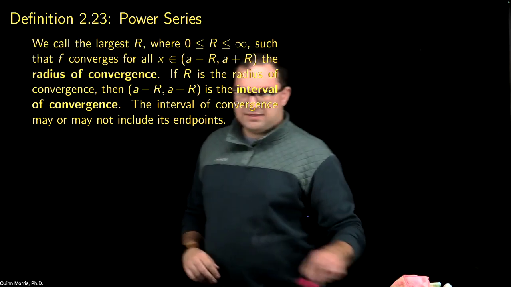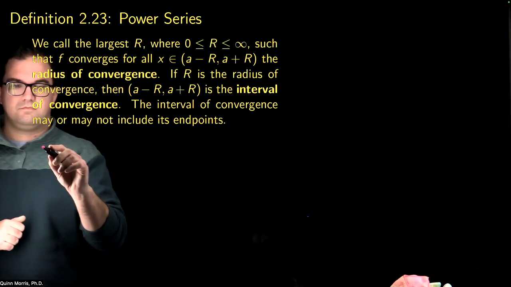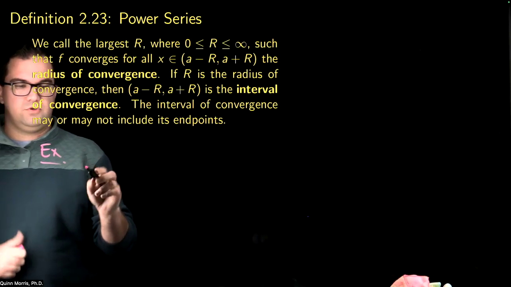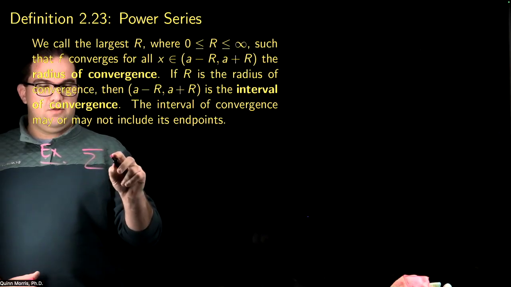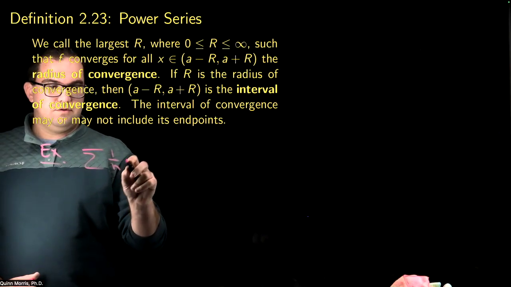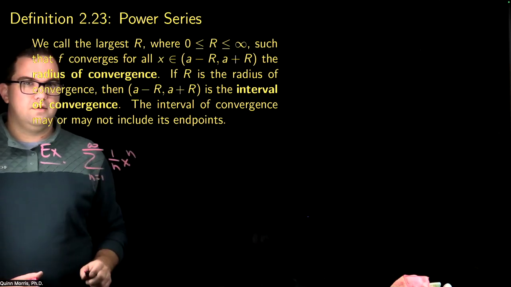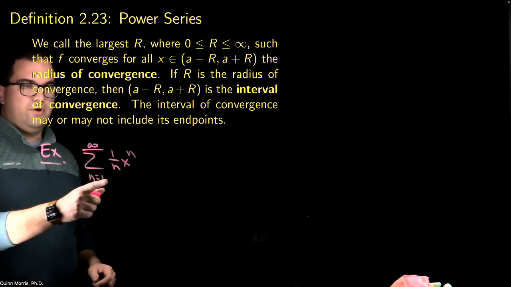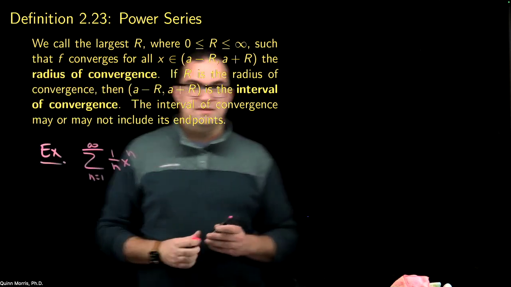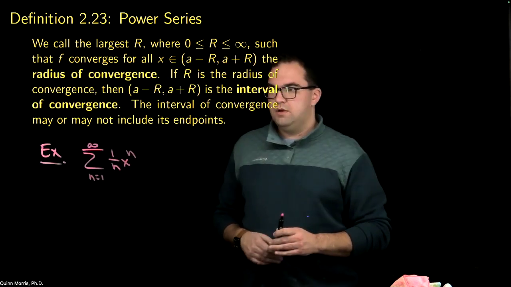So just as an example here, you can think about the following power series. Okay. So here my a sub n is 1 over n times x to the n. This is centered at 0.